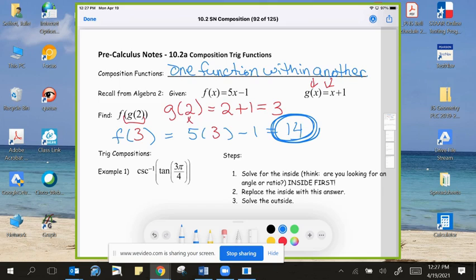So the same process works for compositions of trig functions. We'll have a trig function within a trig function.